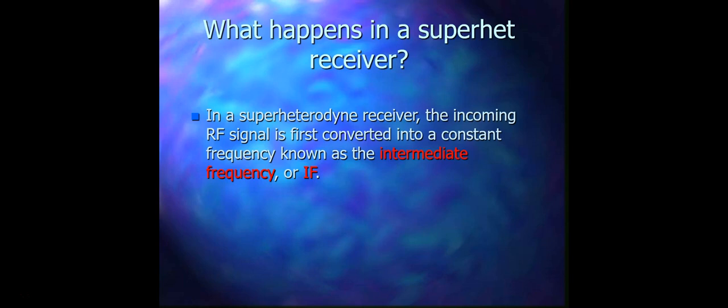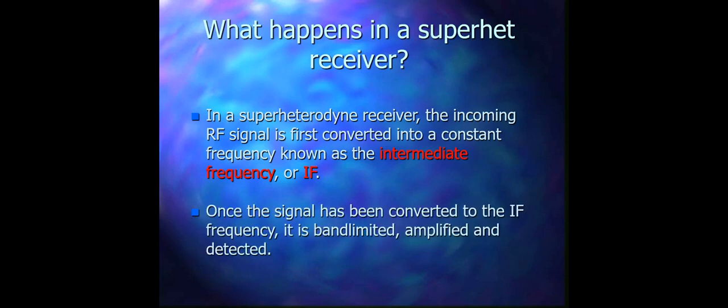The basic message signal should not be distorted, and must be a close replica of the information message signal. Here it says once the signal has been converted to the intermediate frequency, it is band limited, amplified, and detected. So the problem of the bandwidth not being constant has been resolved here with the use of superheterodyne receivers.